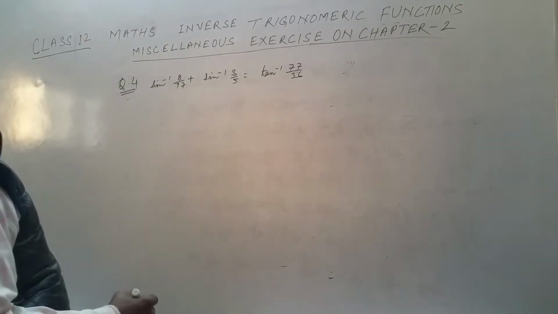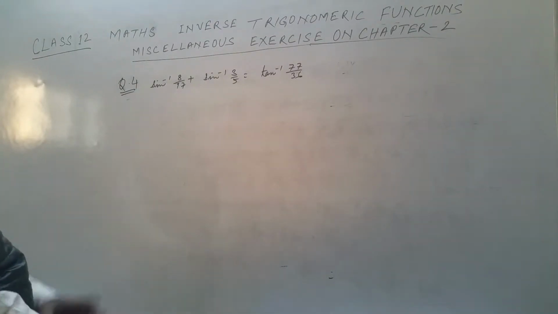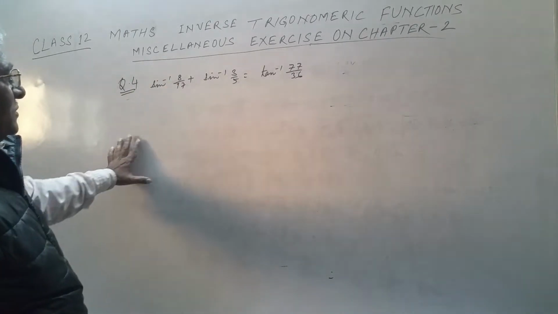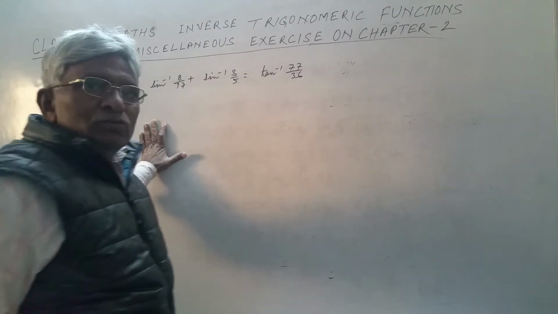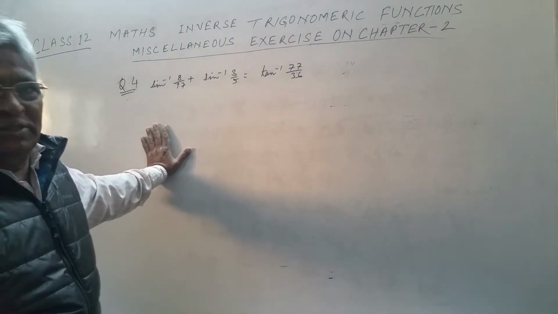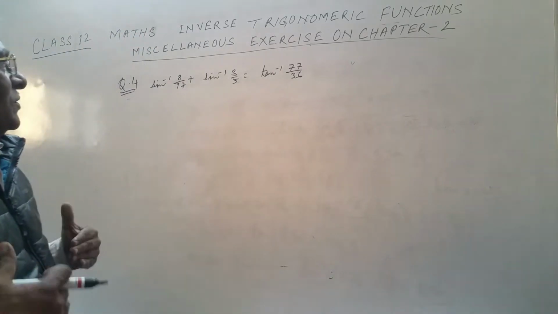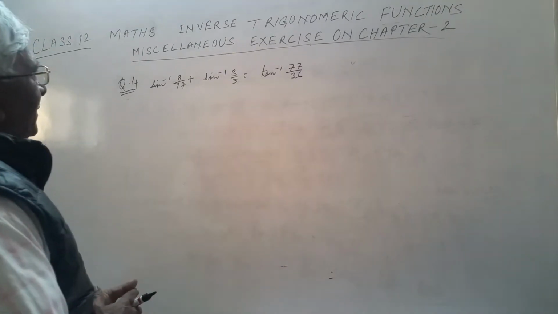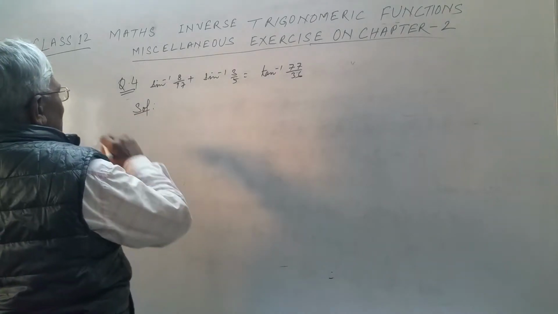What to do? We have got one path that all the sine inverse should be converted to tan inverse. By converting to tan inverse, we have got some formulas on tan, so we easily get the result. Then let us proceed.